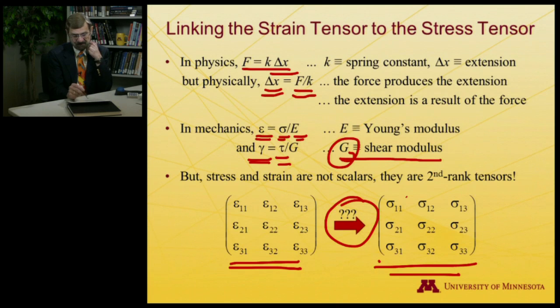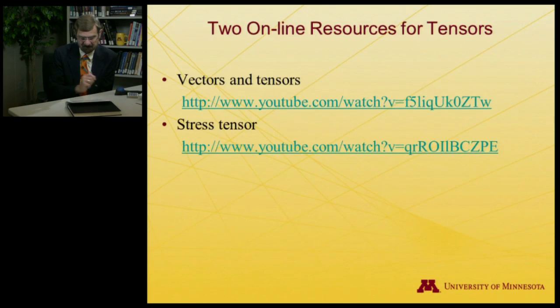But we need something that couples in between, much like we had a second rank tensor coupling 2 vectors. We need some tensor or some product that goes in between here that couples the stresses we apply to the strains that result. We'll come back and talk about that in a few minutes.